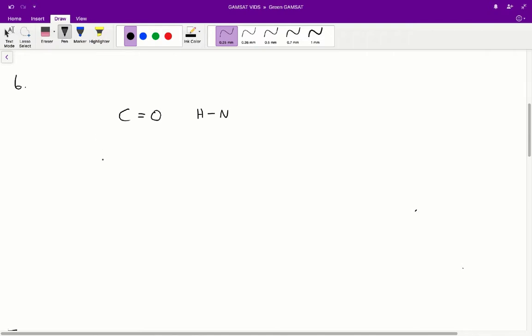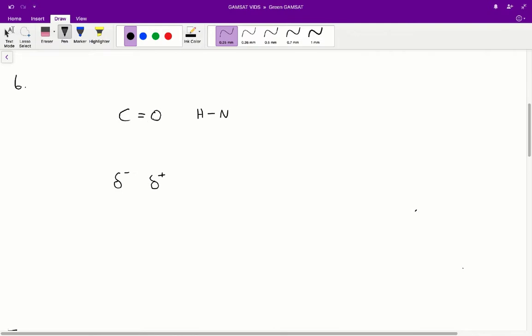And it states that in a covalent bond, the atom that is more electronegative will have a slight negative charge, denoted by delta minus, while the atom that is less electronegative will have a slight positive charge, denoted by delta positive.